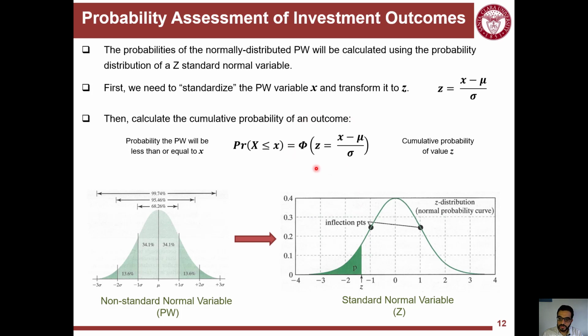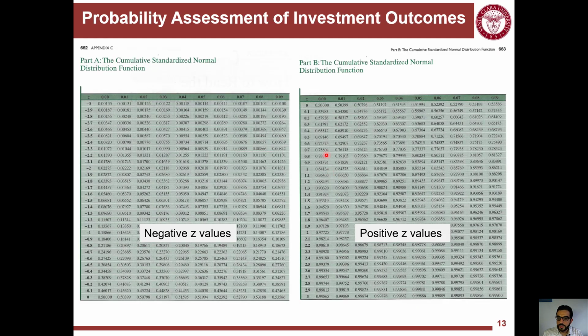And if I get this cumulative probability from the Z formula or the Z table, as we'll see, that will be equal to the probability that my present worth will be less than or equal to a specific value X. From the textbooks, we can get different formats of Z tables, but this is typically what the Z table would look like.